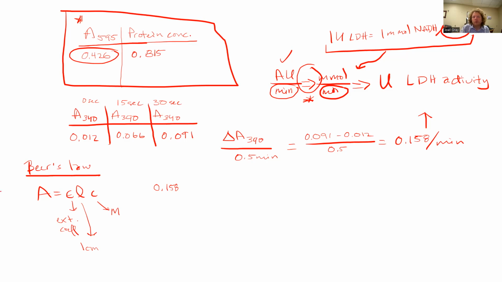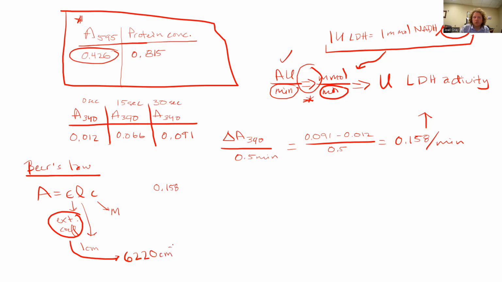What I need to be thoughtful of is converting my absorbance units, the 0.158, into millimole. The way I'm going to do that is I'm going to need to know this extinction coefficient. That extinction coefficient is 6,220.